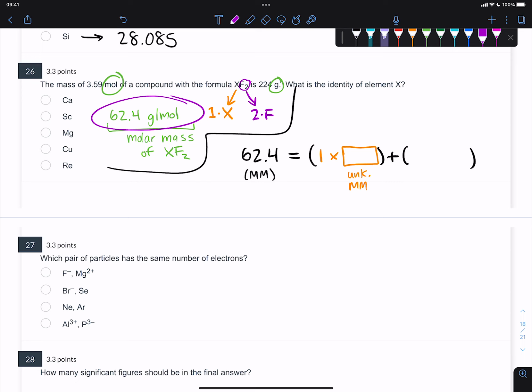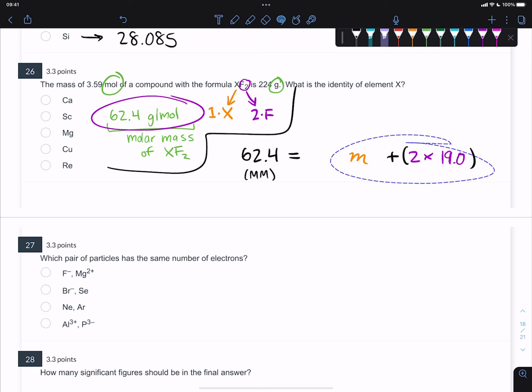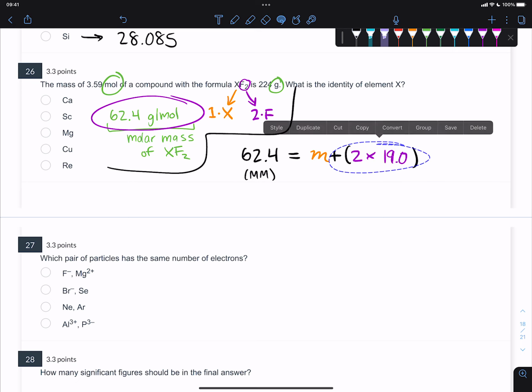Then we do know that we have 2 fluorine atoms. The periodic table will tell you what fluorine's real molar mass is, and it's about 19. So then you just have to do some algebra here. If you want to make it very algebraic, just make this an M. Luckily for us, 1 times M is just M, so I can get rid of all that, and move this way, and then move this way.